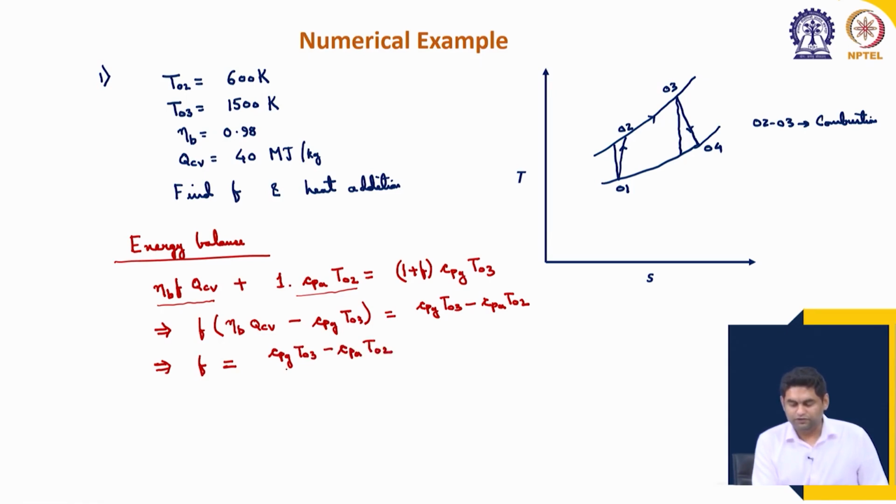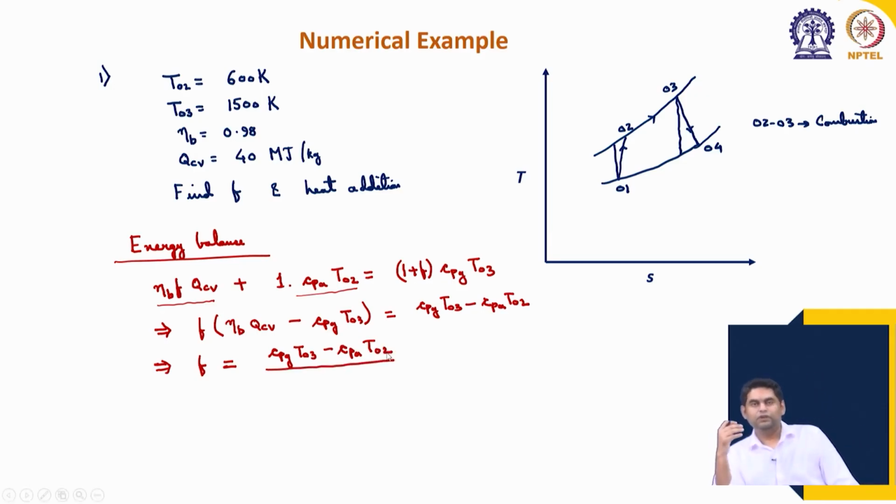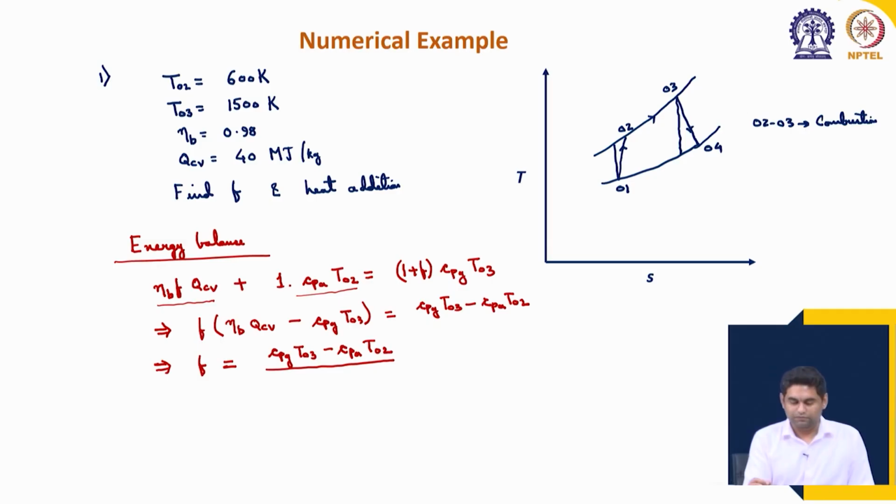In general, while here it is given, how will it be known while solving a problem? We should always think from practical perspectives, actual problems. T03 is the turbine inlet temperature, a design parameter, already given and fixed. T02 we will calculate from the compressor calculations, as the compressor outlet temperature. So, both will be known, and Cpg and Cpa are of course known.